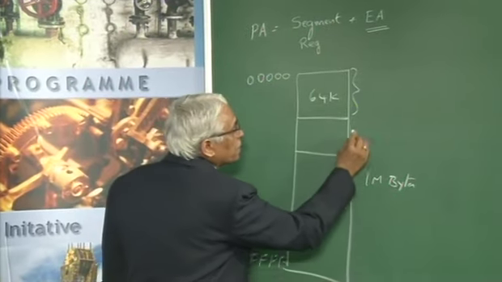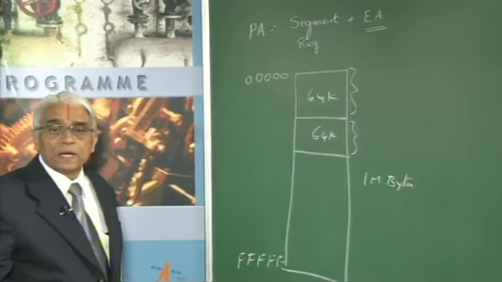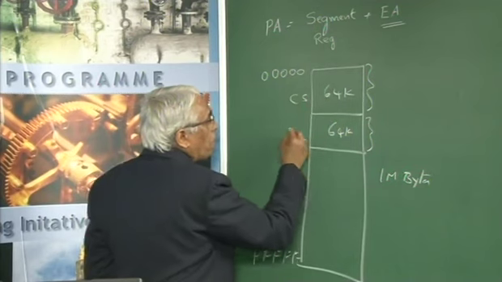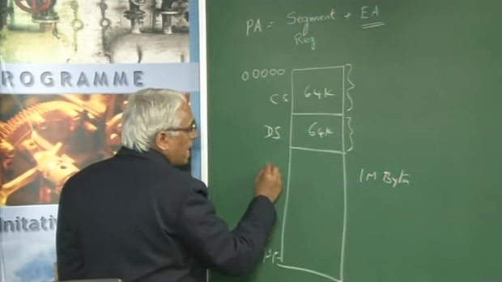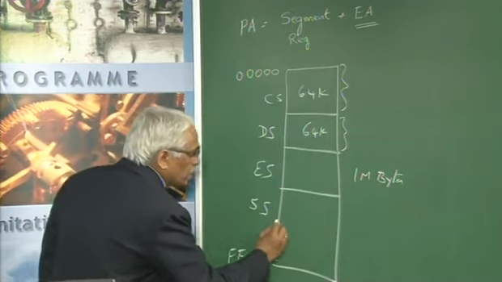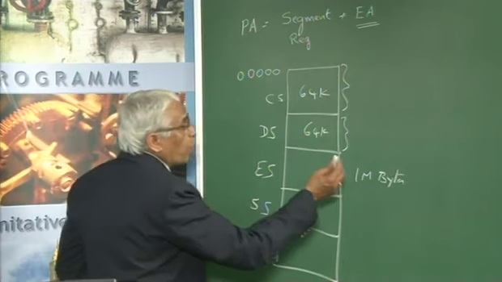This 64K can be for different segments, and these segments can be the code segment, the data segment, the extra segment and the stack segment. Now, this is what was mentioned earlier, but the point is it can overlap also.